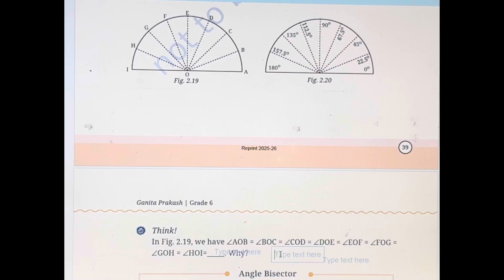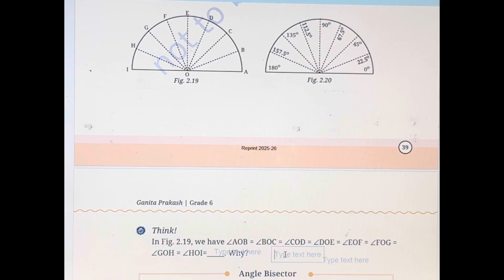So the reason behind this is we are actually dividing it into halves again and again. We started with 360, we divided it into half, we made a crease and we got 180 degree. Then we again divided it into half, we got 90, half of 90 is 45 and half of 45 is 22.5.